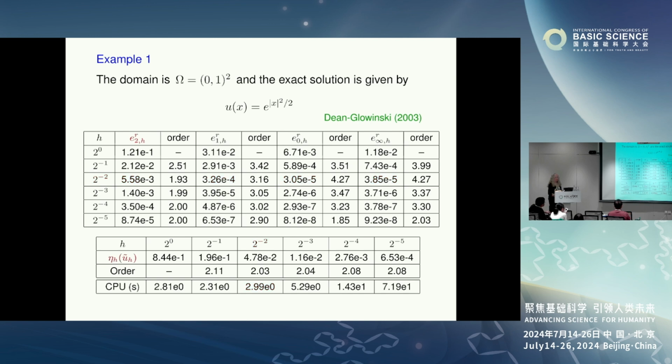We can see the reliability of the error estimator by comparing it with the relative error in the H norm. So let me go through this step by step. First, second, third, and the next one, and the next one. So you see they both have second order convergence.